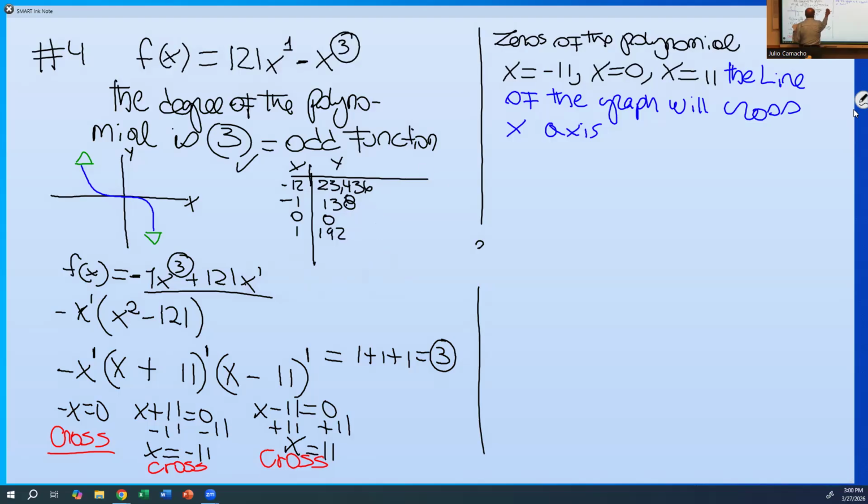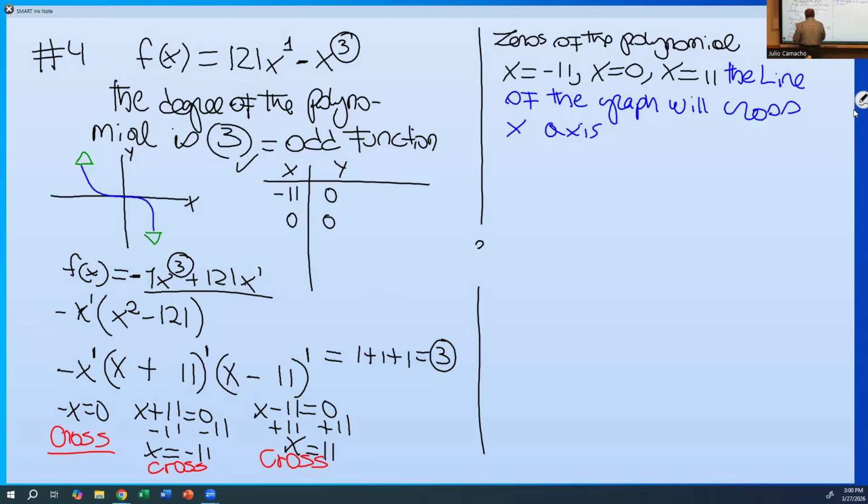Let me do something different, because let's do this again. You have your x and your y. When x is negative 11, y will be 0, because that is one of the places it's crossing. When x is 0, y will be 0.